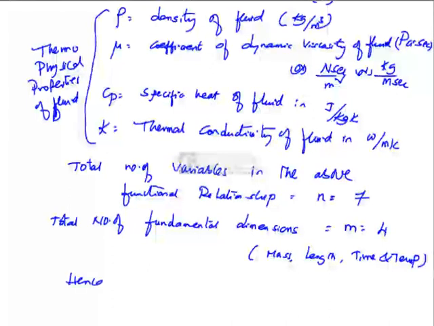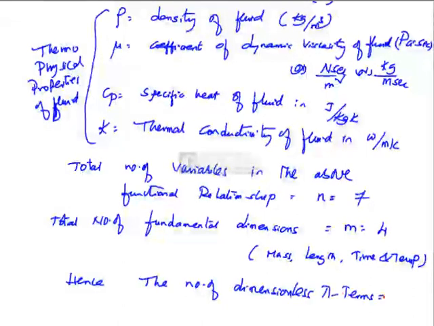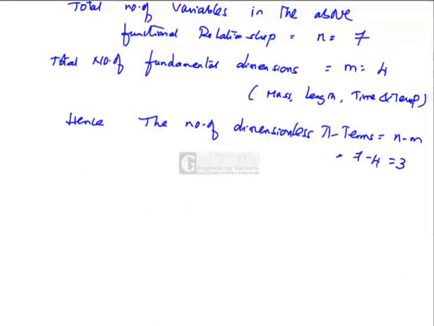Hence, from Buckingham Pi Theorem, the number of dimensionless pi terms is equal to n minus m, that is 7 minus 4, 3. Therefore, let the pi terms be pi 1, pi 2 and pi 3.